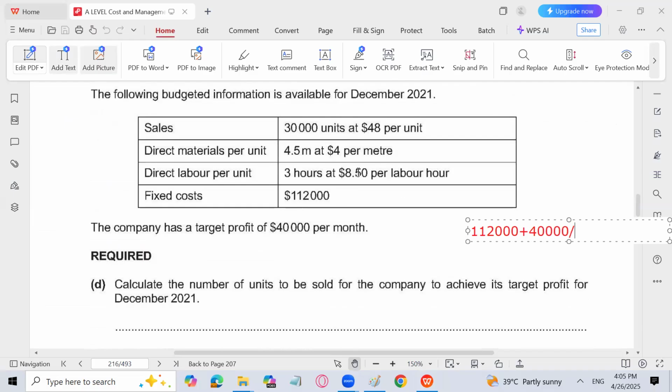You can calculate 48. 4.5 into 4, how much is it going to be? 4.5 into 4, how much? 18.